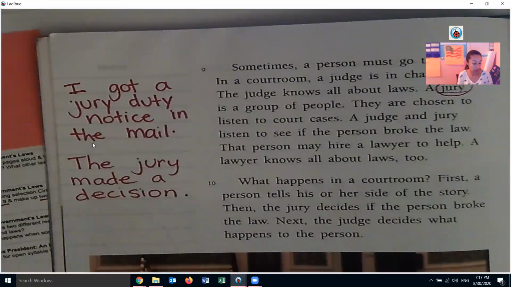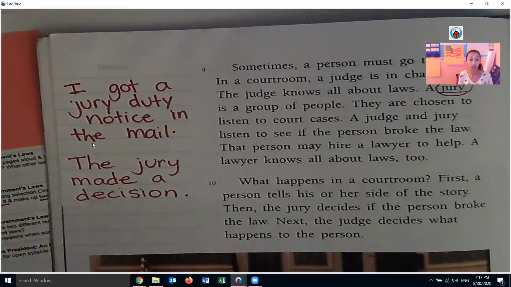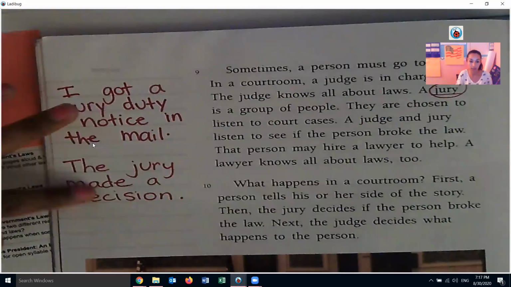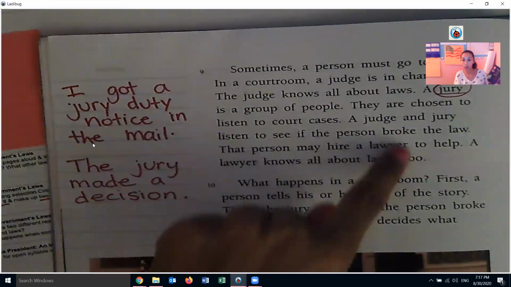So the jury made a decision. Sometimes it's easy, but a lot of times it's tricky to figure out which way you want to go, especially when there's that many people involved. So those are my two sentences. Again, you can make your own. You can look in the story, or you can use these here.